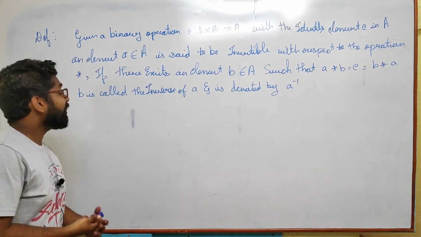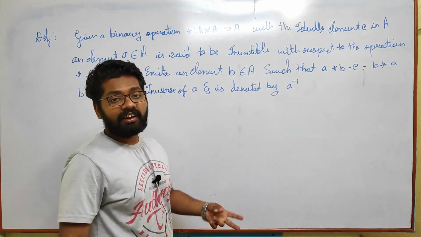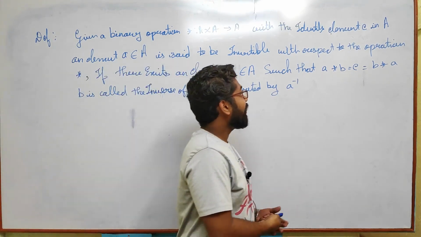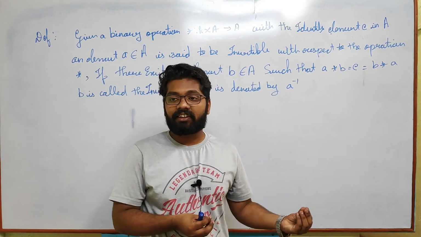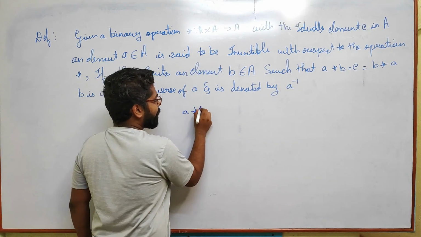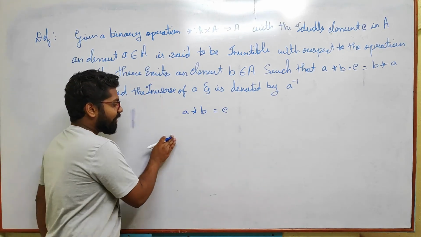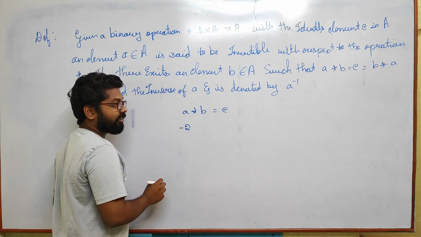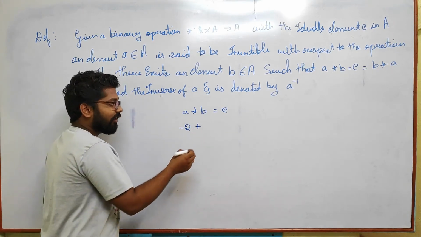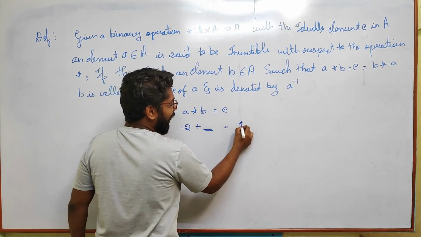Let us study the next definition, based on invertibility and inverse. What is the basic definition? It says that the output you get should be an identity element, that is, A star B is equal to E. Suppose I have -2 and instead of star I write plus, and I want a number B such that I get the identity element.